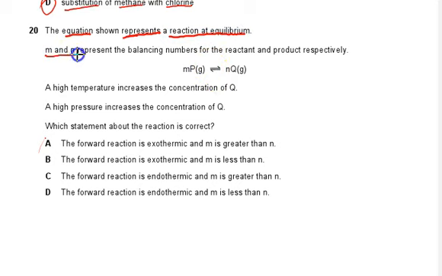M and N represent the balancing numbers for the reactant and the product respectively. High temperature increases the concentration of Q. High pressure increases the concentration of Q. Which statement about the reaction is correct?